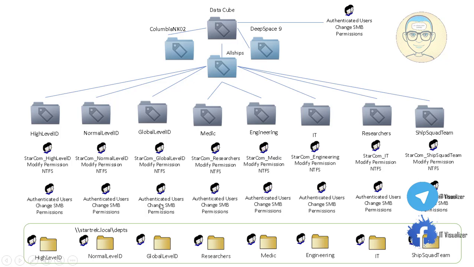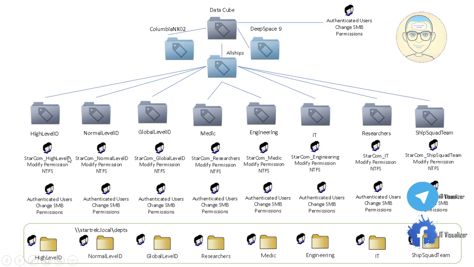The same applies for the global level, and researchers will also have read permission on their folder, and so on. Every group will have NTFS permission modify on its folder, and authenticated users will have change, and in the DFS folders they will have read.